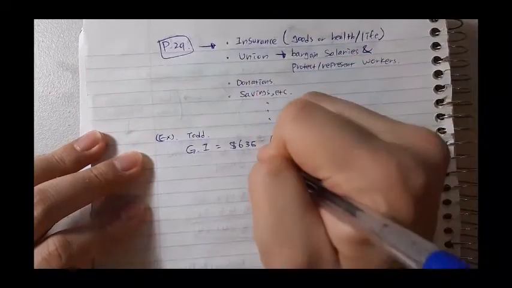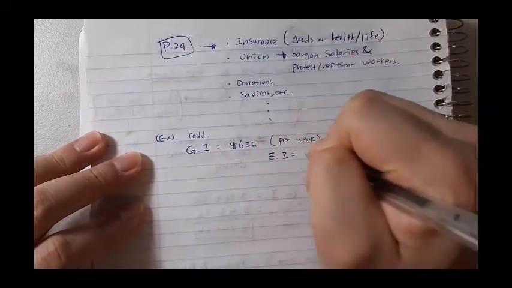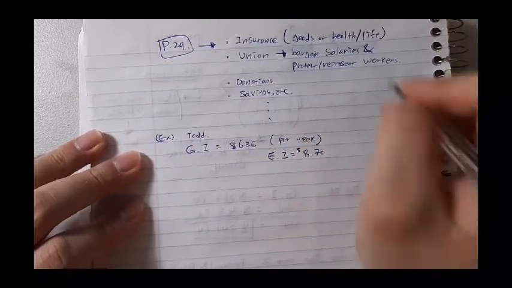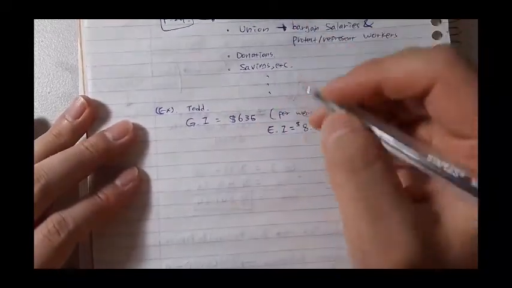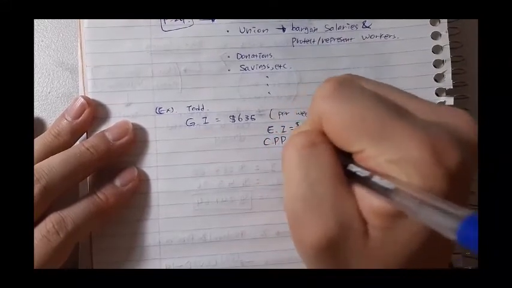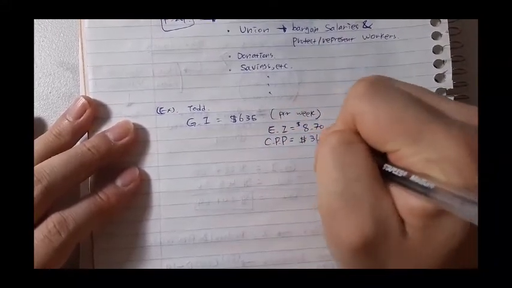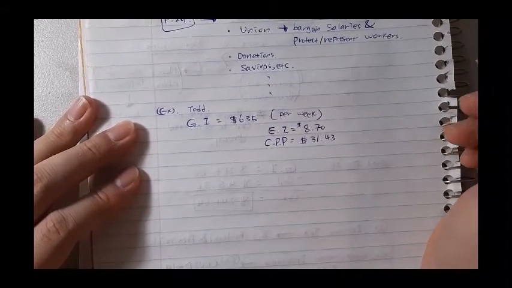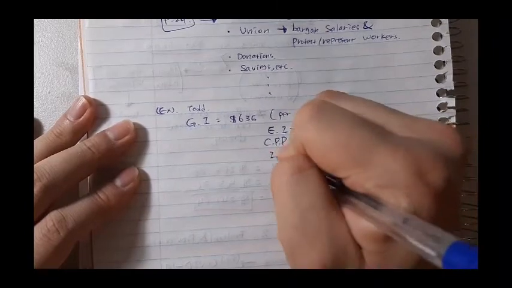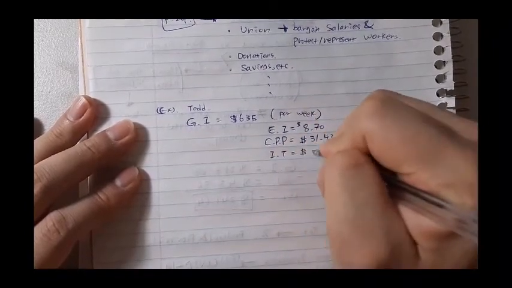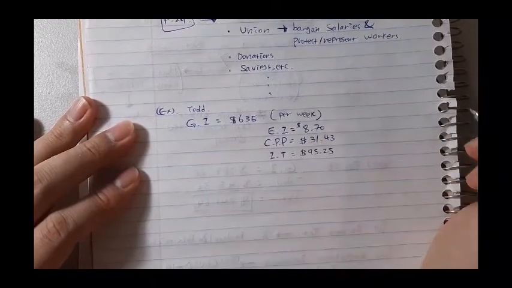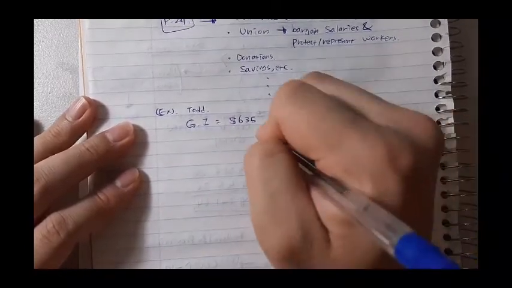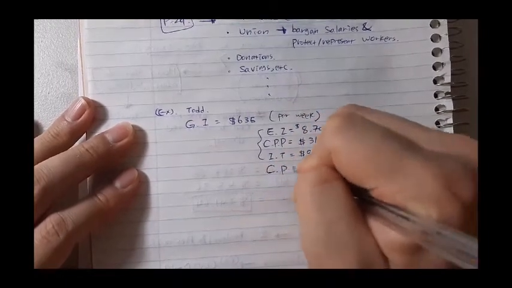There are some deduction amounts, however. Employment insurance was $8.70. That is given by the question. You also have Canada Pension Plan, which is about 31.43. Income tax, it seems like it already did some percentage calculation, $95.25. And company pension, now these are mandatory, and after that it is a little bit optional.